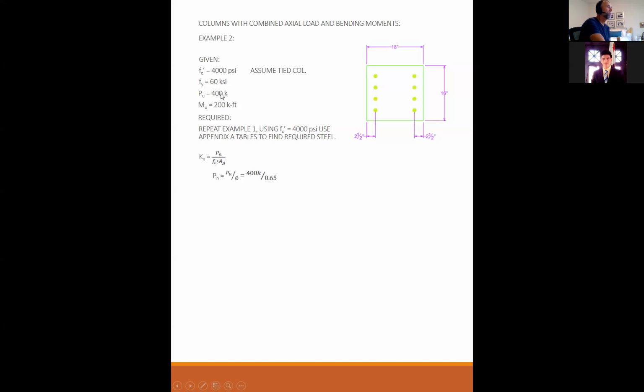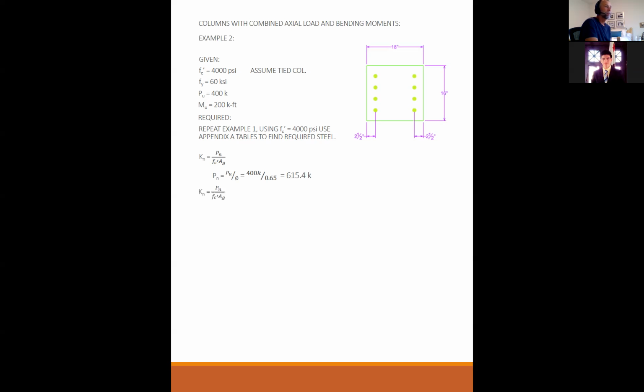With a Pu of 400, you're going to be in the compression controlled region. And it's always better to start off conservative. And if you can bump it up, then you can bump it up later. So Pn is 400 over 0.65, which is 615.4.